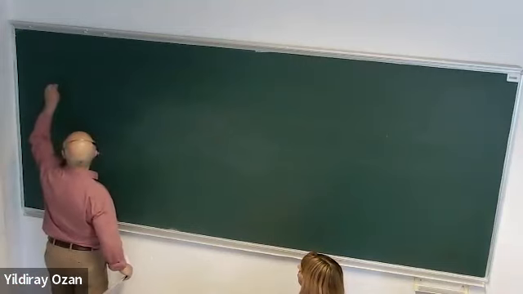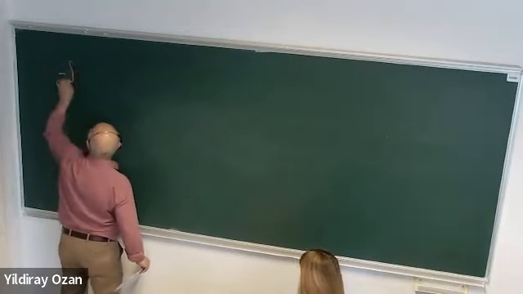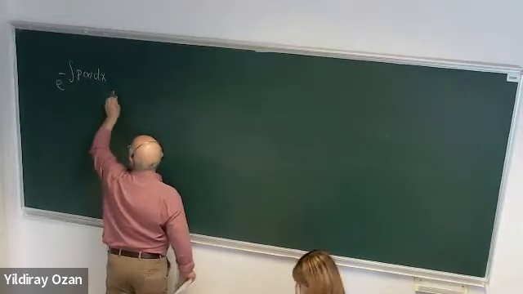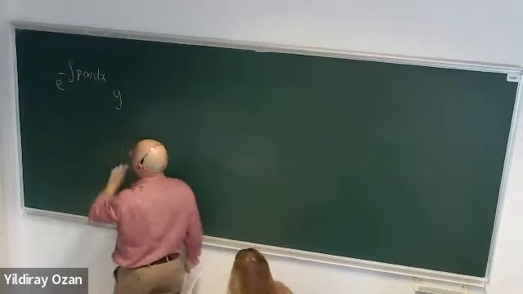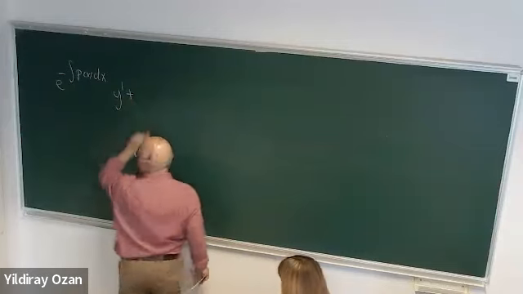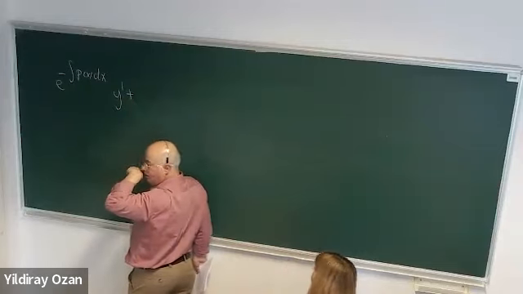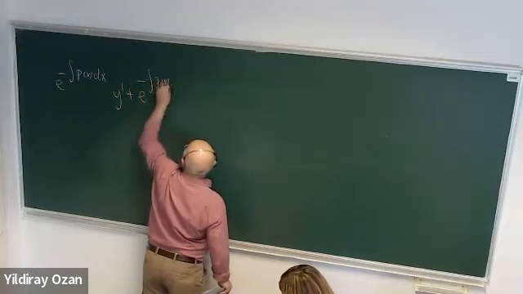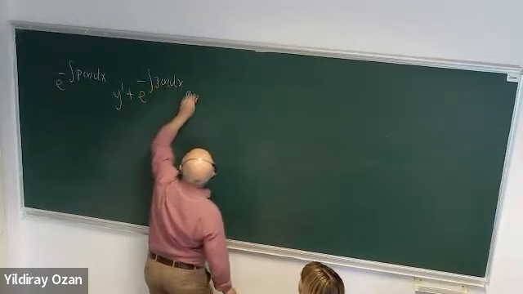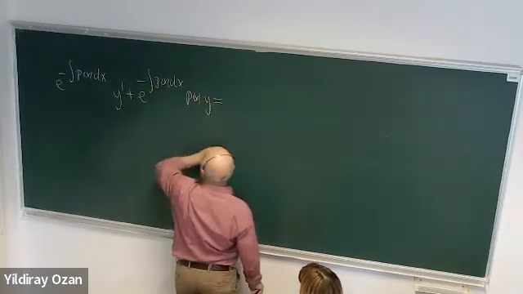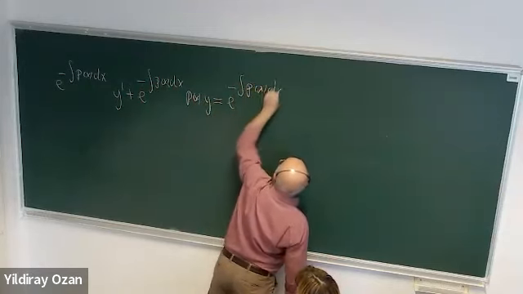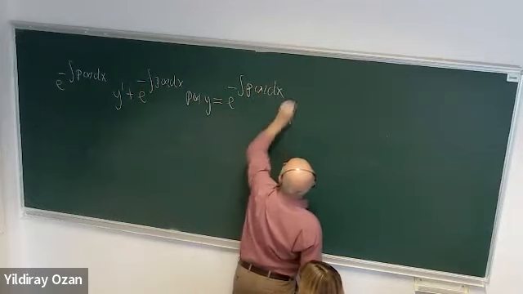So e to the power minus the integral of px dx, and then y prime plus e to the power minus the integral of px dx, px y equals e to the power minus the integral of px dx, and then qx.